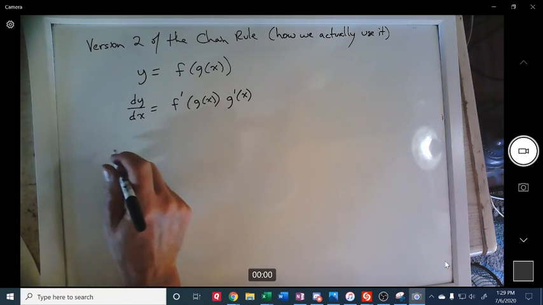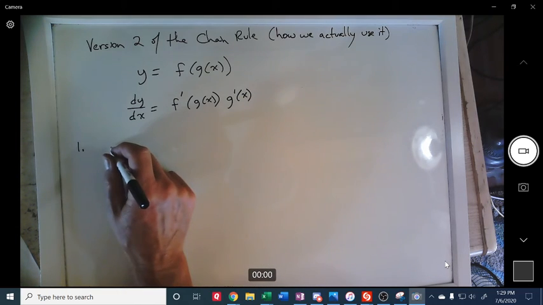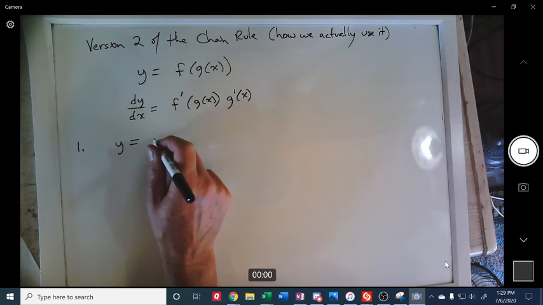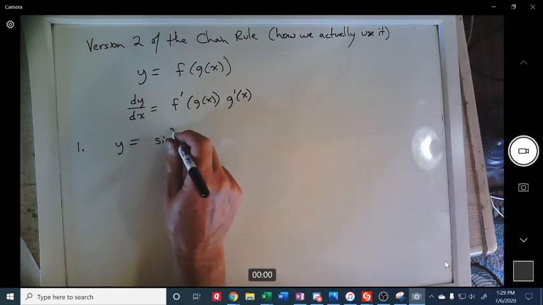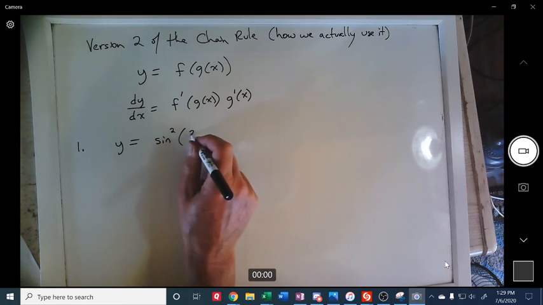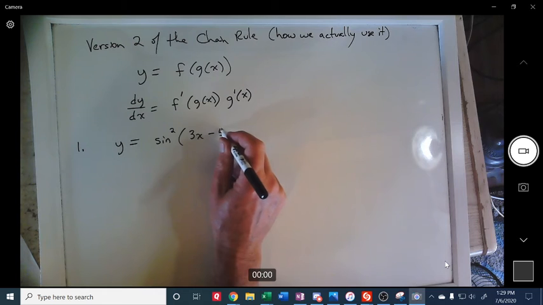And let's do another more complex example where we take y equals sine squared of 3x minus 5.